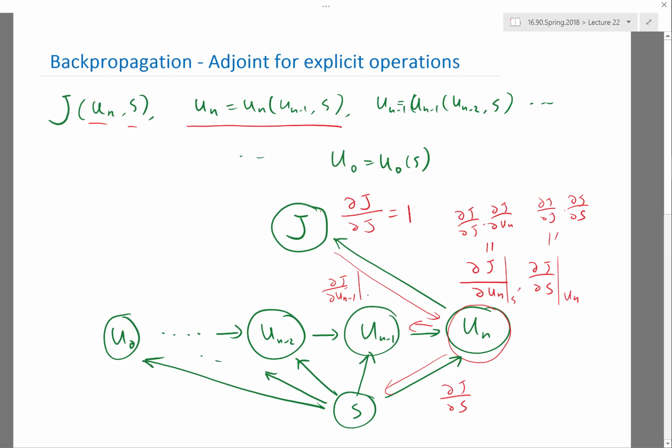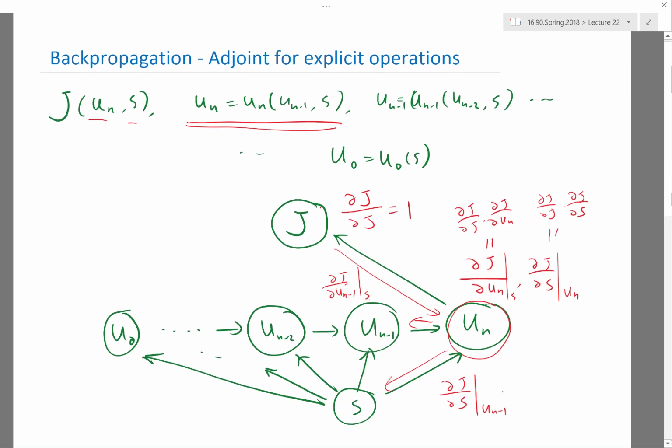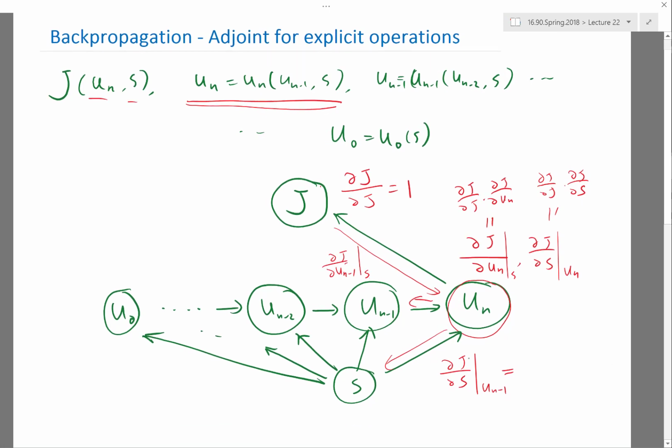And again, this is assuming s to be constant throughout the evaluation of this operation, right? And dj ds is assuming un minus 1 now being constant. So how do we do that? This dj ds is actually the summation of two parts.